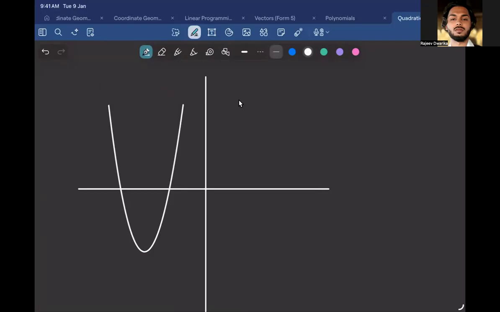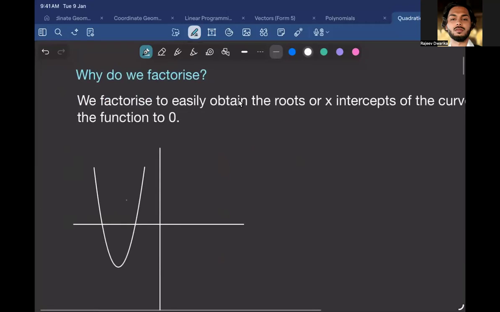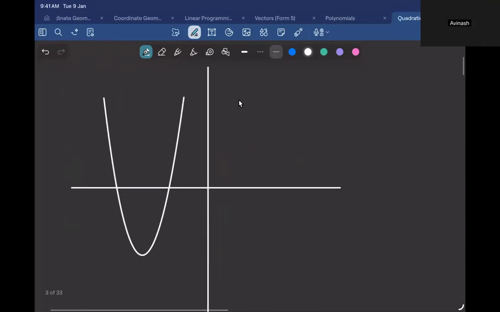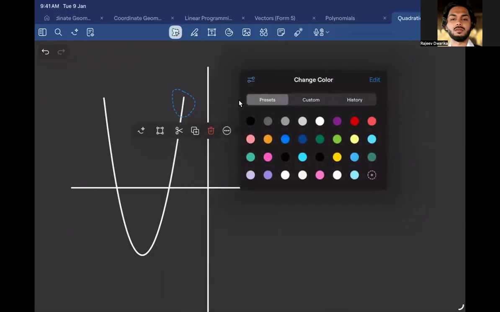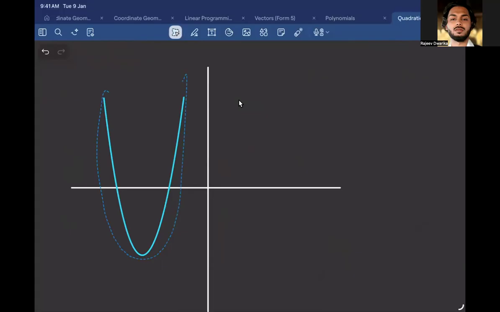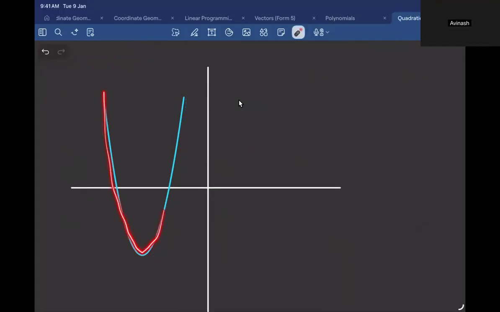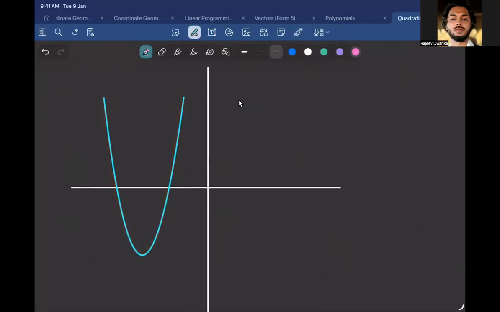All right, so Avinash, can you recognize that this is a quadratic curve here? You see that? Yes, sir. Okay. For this quadratic curve, how many x-intercepts are you seeing? Two. I see one over here, and I see another one over here.